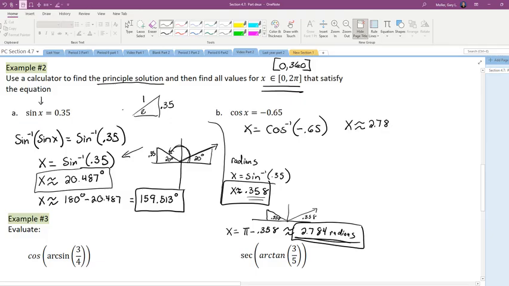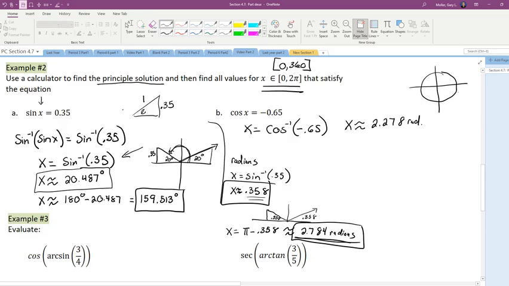2.78, looks like 702. Oh, that's a lie. Let's try that again. 2.278 radians. All right, so now we got to think about what we just found, because that is not a reference angle. This is going to maybe blow some of your minds, but let's just stick with it here.